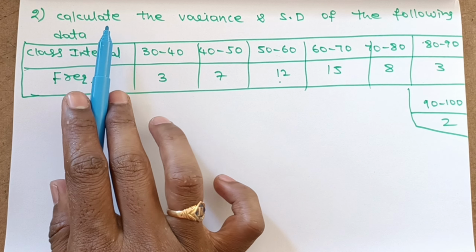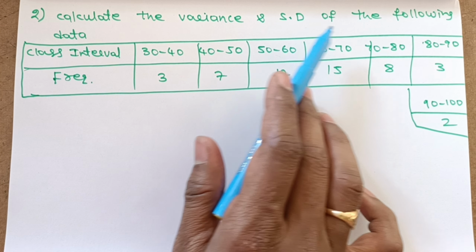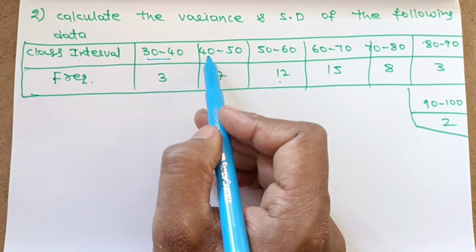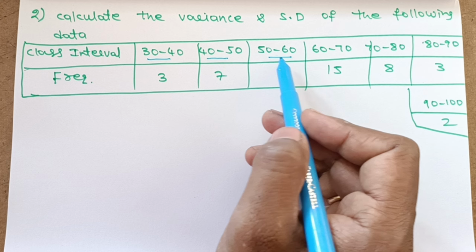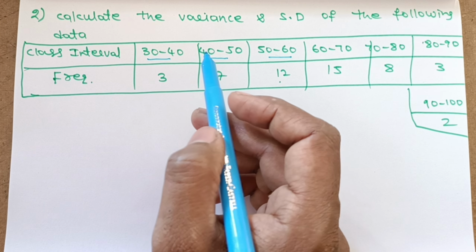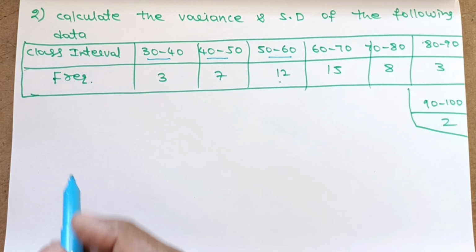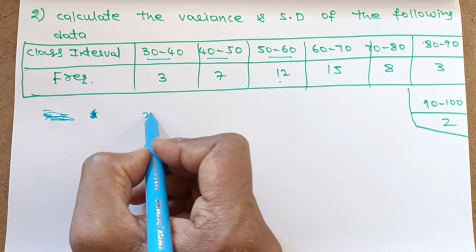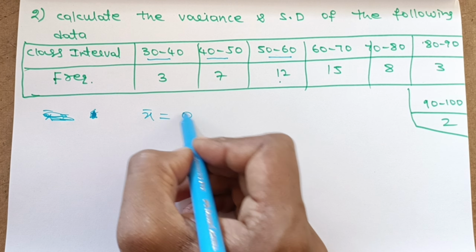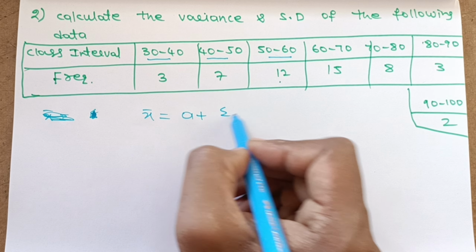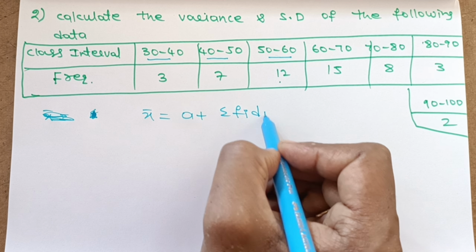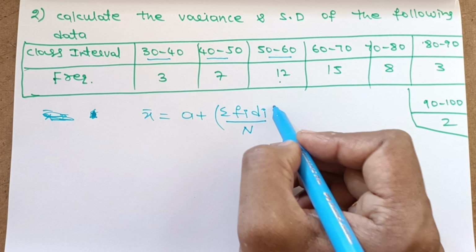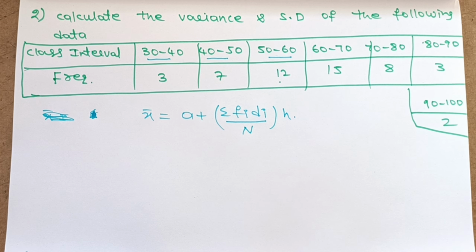Next, see the question: calculate the variance and standard deviation of the following data. Clearly this data contains class intervals, therefore it is called continuous frequency distribution. For continuous frequency distribution, the mean formula is x bar equals a plus sigma fi di divided by capital N into h.